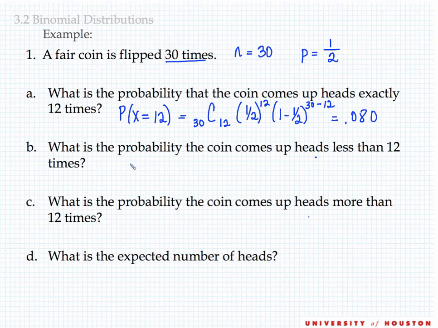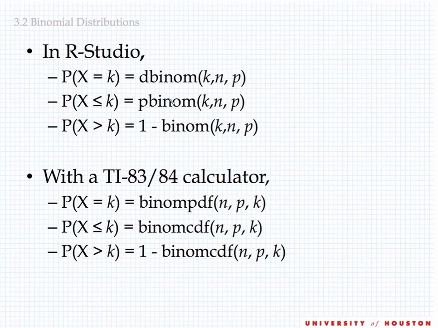Now part B, we want to know what's the probability that the coin comes up with heads strictly less than 12 times. Well, our command for the TI and for RStudio when we're working with less than is a less than or equal to.